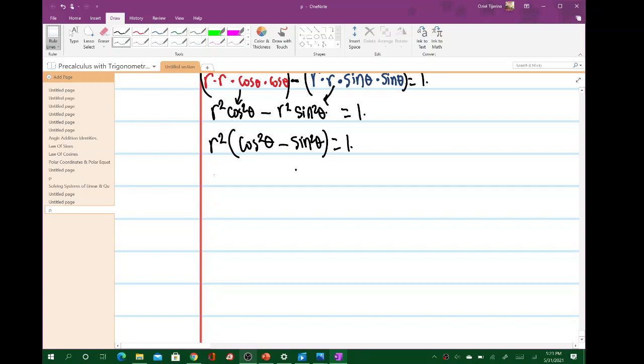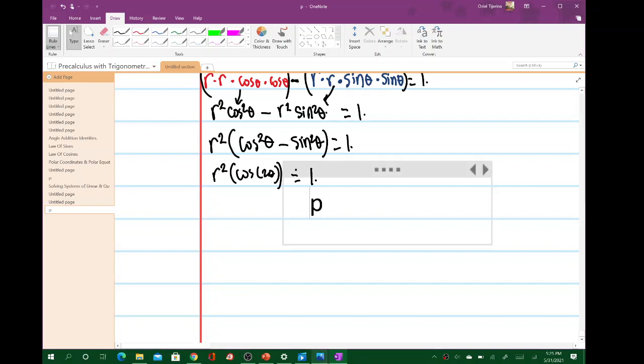So we have r squared times the cosine of 2 theta, because the cosine of 2 theta is cosine squared theta minus sine squared theta, is equal to 1. Then what you're going to do is divide both sides by cosine 2 theta.